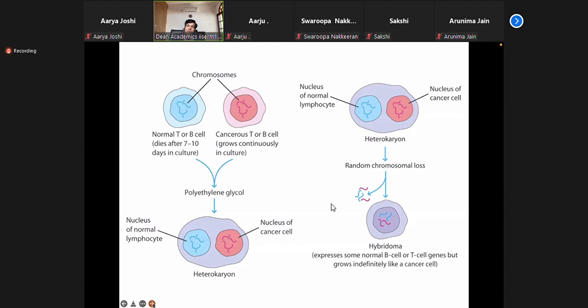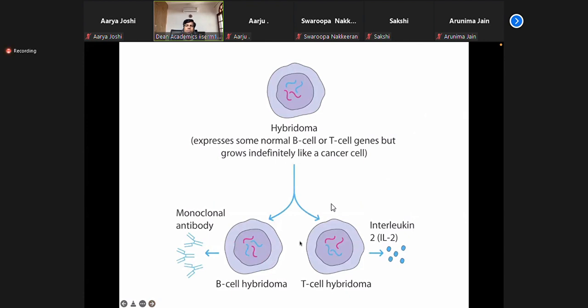Once you have a monoclonal antibody, you can use it for different purposes. This slide shows that you can generate B cell hybridoma, and you can also generate T cell hybridoma. The purpose of B cell hybridoma is to produce antibodies of a defined specificity. The purpose of generating T cell hybridoma is to produce cytokines such as IL-2.